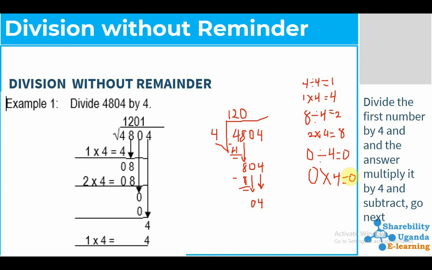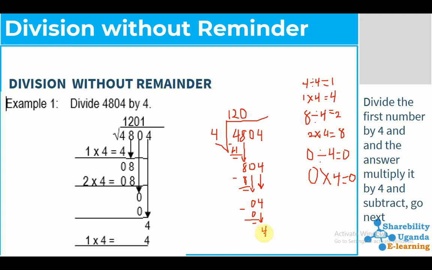Multiply a 0 by any number, we get a 0. So here we shall also get our 0, and we subtract them, because we want to eliminate them. When we say 0 minus 0, we get a 0. So here we are remaining with one figure, which is a 4.